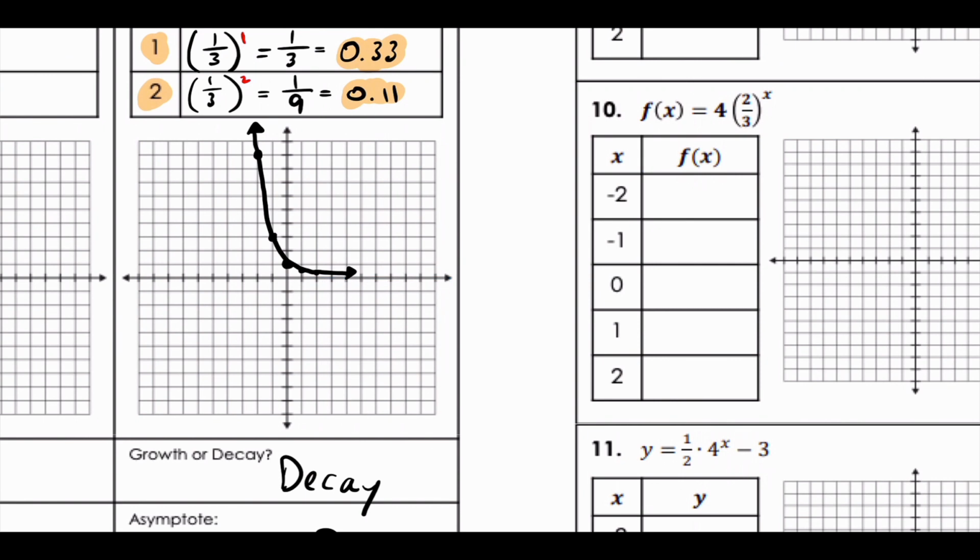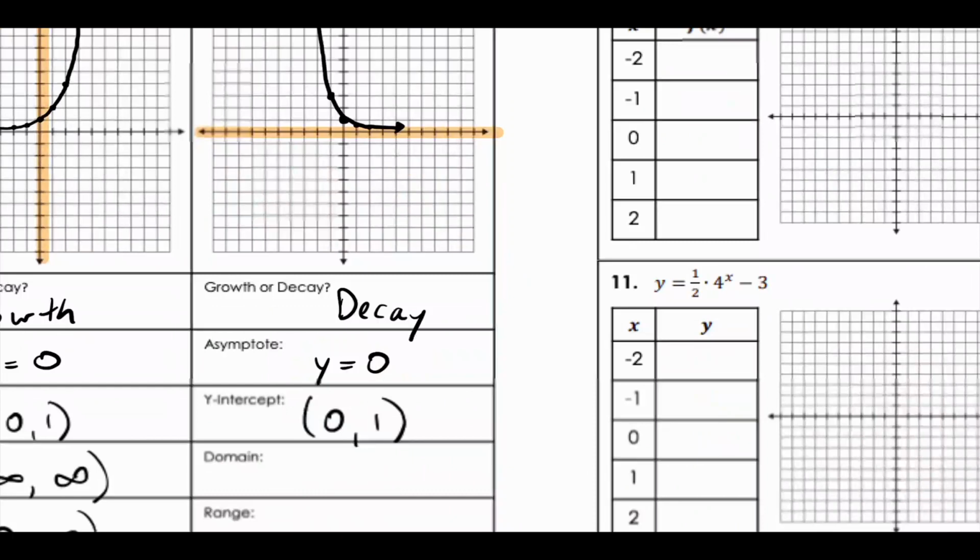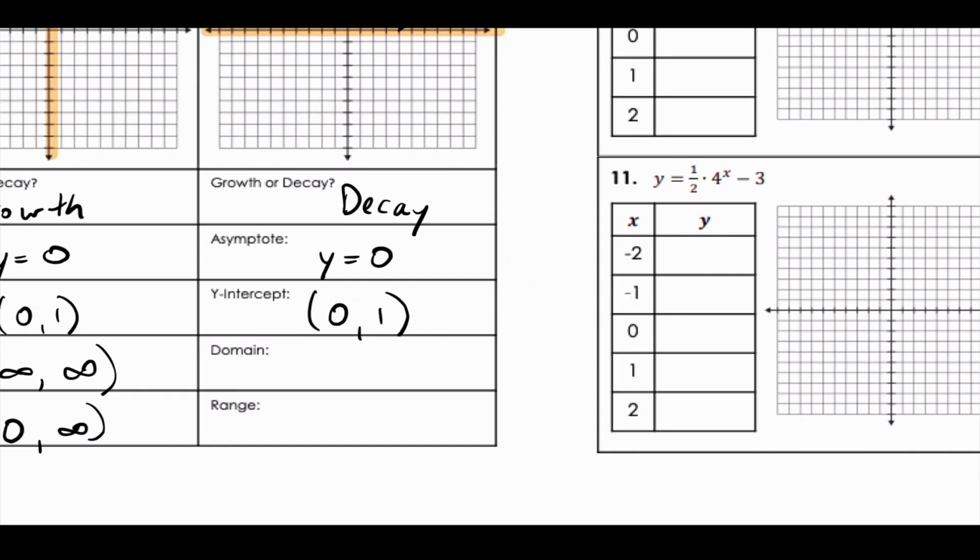So let me draw my line again. Left to right. Let's start with the left. Actually, start with the right. The right's easier. This guy, is it going to be moving to the right forever and ever and ever? Yes. So we say positive infinity for that arrow.